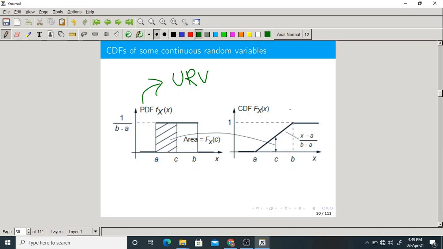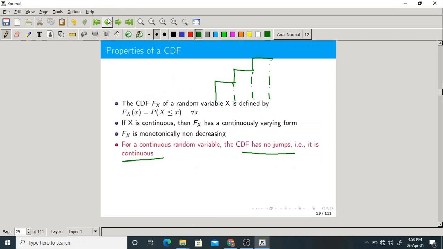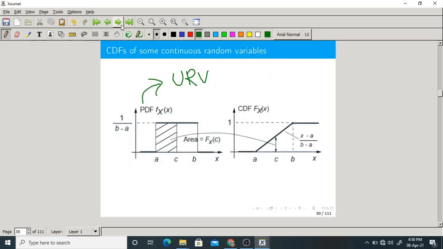Okay. Now just now I told you some of the properties of a CDF. What are they? It is continuously varying. Next, it is non-decreasing, and it is continuous in nature, no discontinuities. Here it has got no discontinuities, and it is a non-decreasing function. Why? Because here it is 0 and it is increasing here, but after this it is constant.